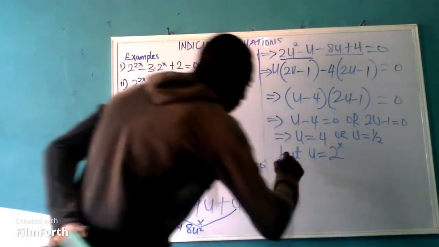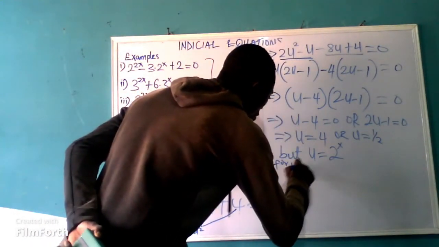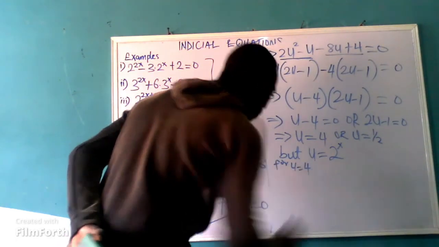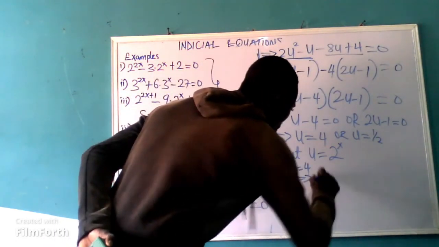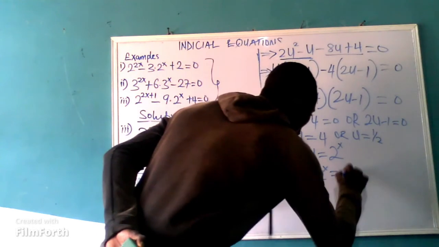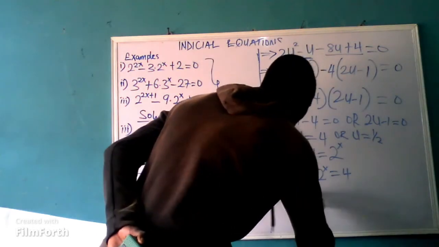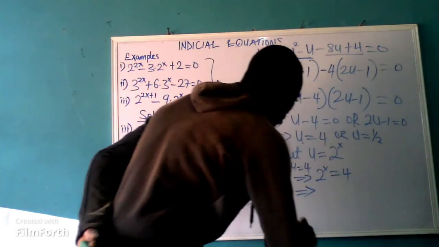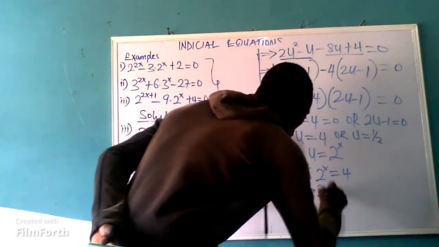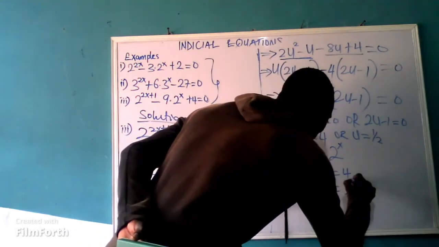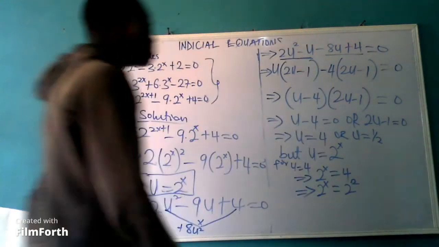Now for u equal to 4, it implies that 2 raised to power x equal to 4, which implies that 2 raised to power x equal to 2 raised to power 2. You know 2 raised to power 2 is the same thing as 4.